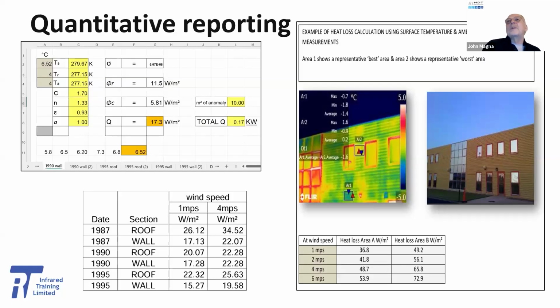The areas of the anomalies were estimated and combined with the wall and roof area totals to give figures for heat loss per square meter at the time of survey, plus an indication of what the typical heat loss would be at 4 meters per second. The sample image here shows a section of one wall of a commercial manufacturing plant to demonstrate to a potential client how the calculation of heat loss would be determined.